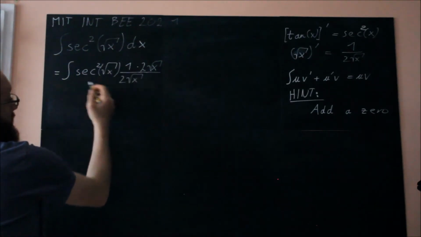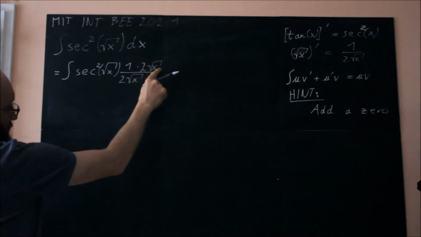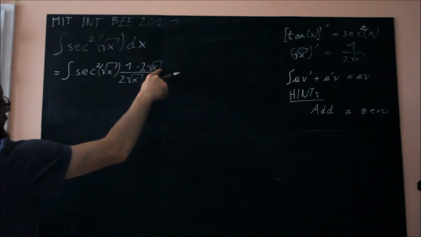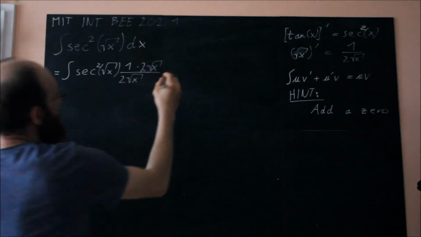So this part is for the chain rule, and how to use the numerator is the following way.